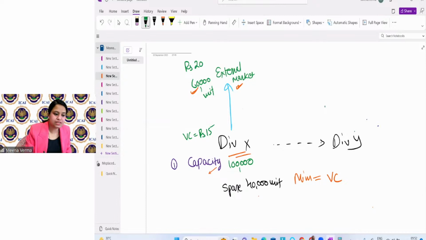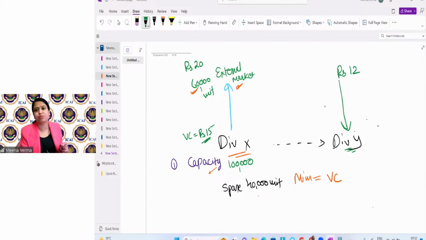At what price? Now look, does division Y have the option to buy the same product from the outside market? Yes. So look here, for example, if the same product is available in the market at ₹12, while making it yourself costs at least ₹15, then without any effort you can get it for ₹12, so don't do the production.